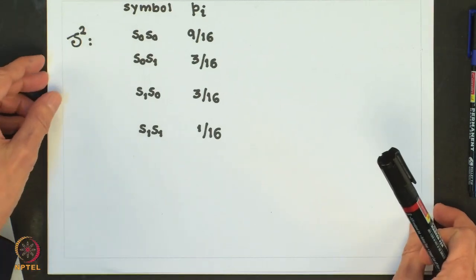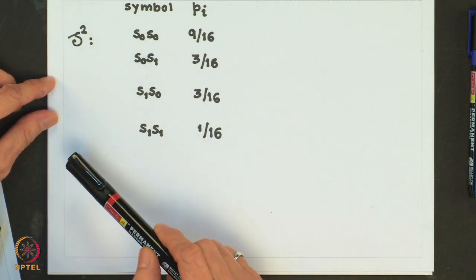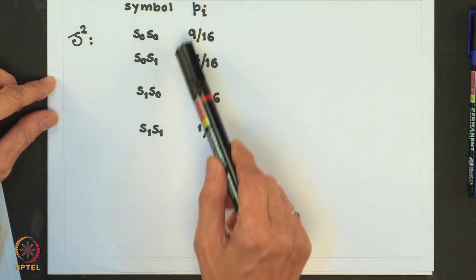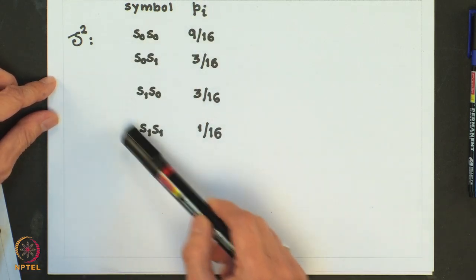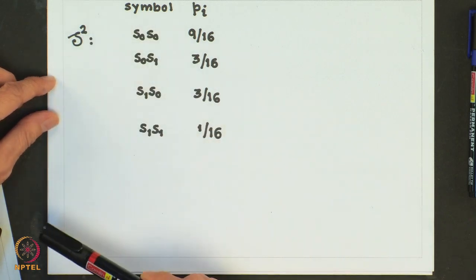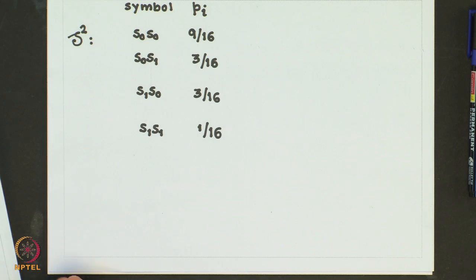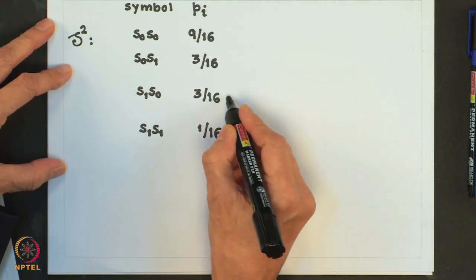If I take the second extension of the source, I will have 4 symbols. Assuming the source to be a discrete memoryless source, I can compute the probabilities of the new symbols in this second extension. These have been listed here. Let us deploy Huffman coding for this and get the code words.